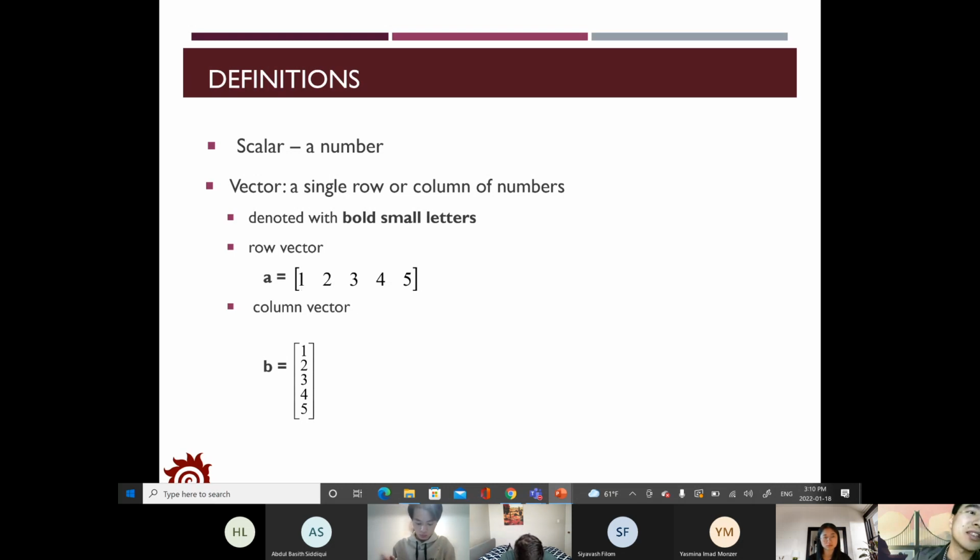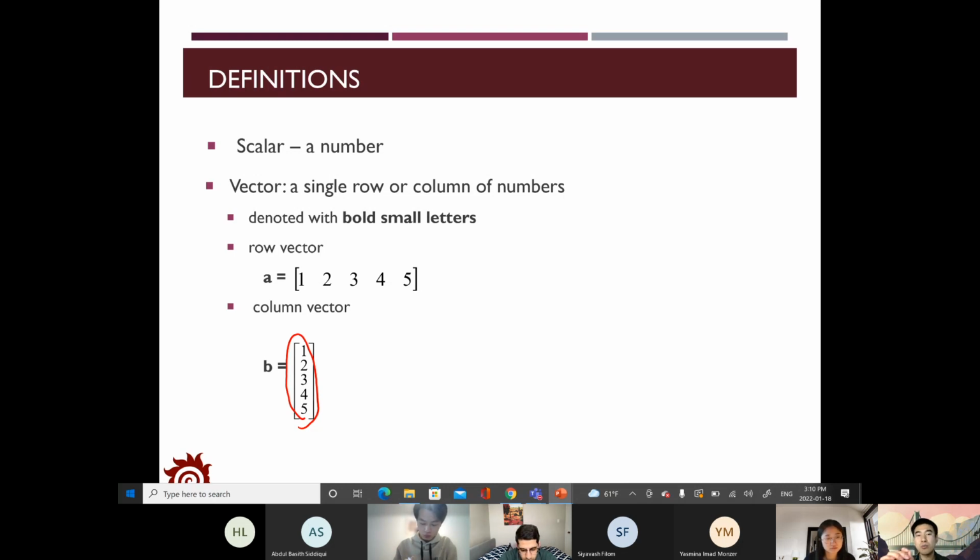And we call this one a row vector. And the second one, if you write all these values in a vertical format, this would be a column vector. So you have a single column. And this is the definition of the vector.